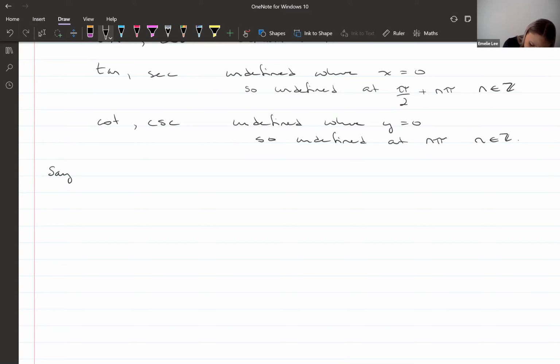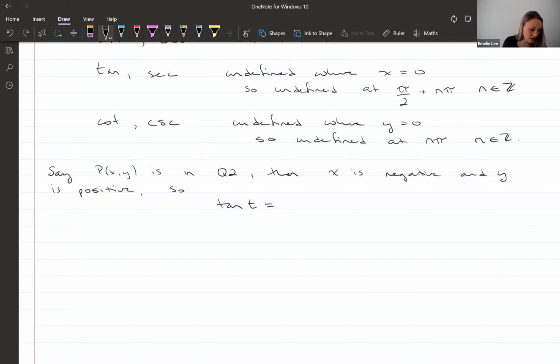Okay. So say P of x, y is in Q2, then x is negative and y is positive. Okay. So tan of t, which is y over x, is going to be a positive over a negative, which is a negative number, right?